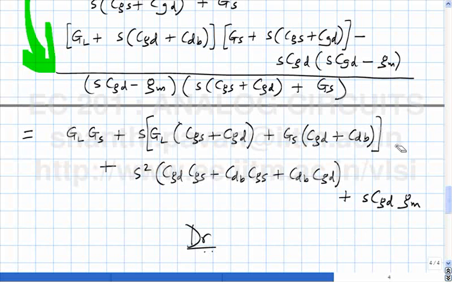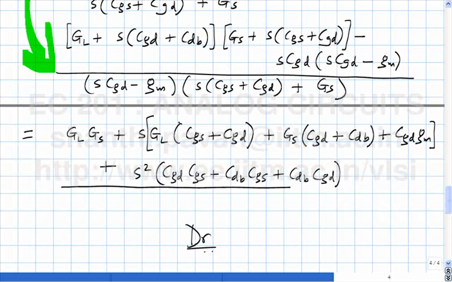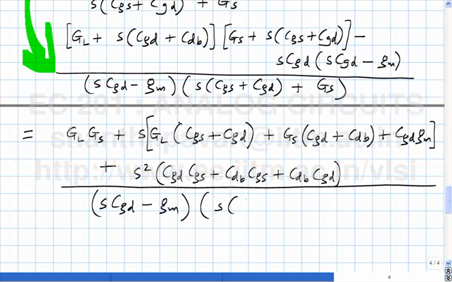Alright, and I can move the S term here, and that becomes CGD times GM, and this has to be divided by the denominator, which happens to be from the previous page: S CGD minus GM times S times CGS plus CGD plus GS.